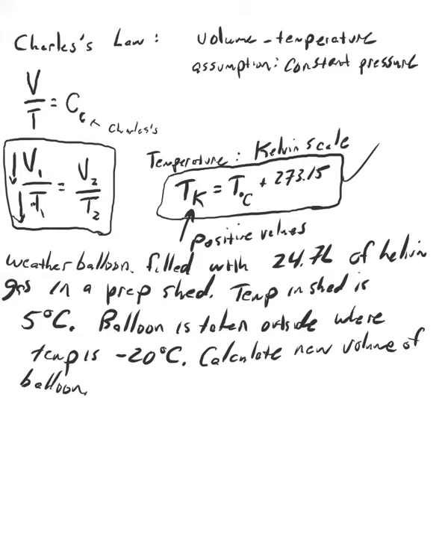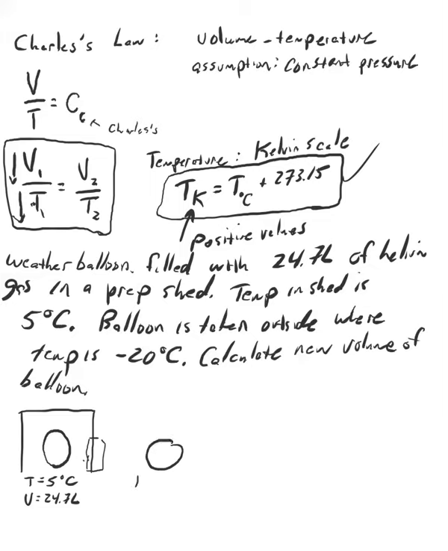So let's draw a little picture. You're inside the shed and you've got this balloon and you're filling it, right? Inside the shed, the temperature is 5 degrees C, so it's not too cold. People don't want to be working in too cold. And your volume is 24.7 liters. Then they open the door and take the balloon out.